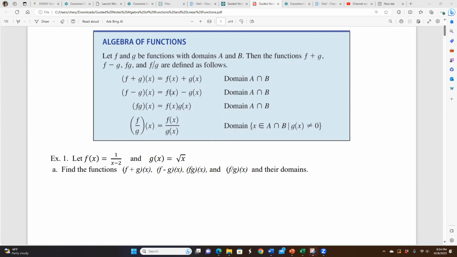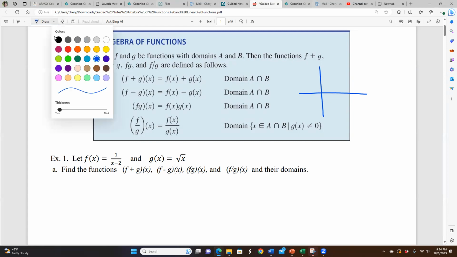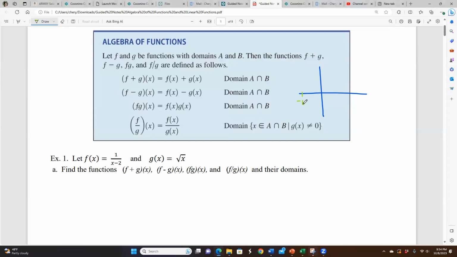So the domain, if you add, subtract, or multiply them, is the intersection of the two domains, or where they overlap. Let me give you a picture of what that might look like. So if function f, let's do it in green, goes from -6 to 1, like this.